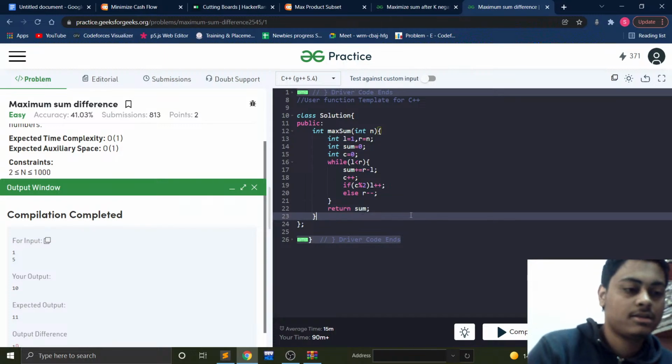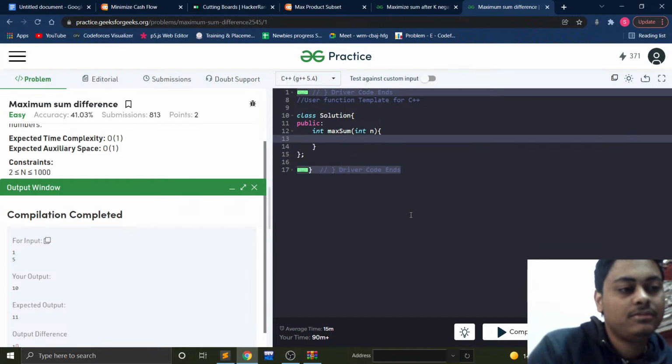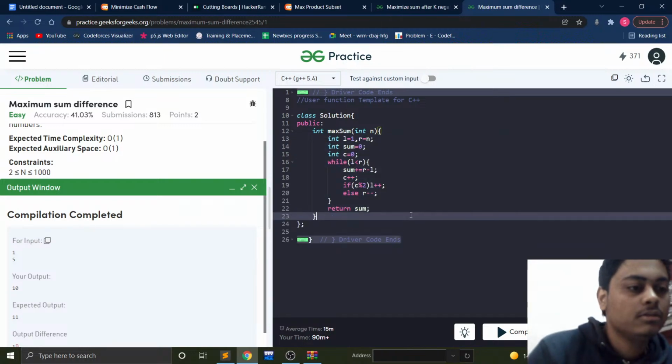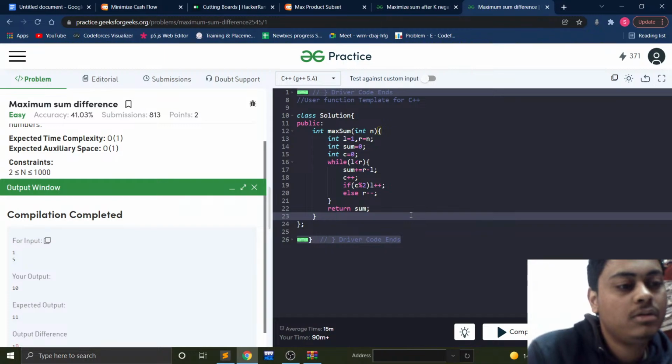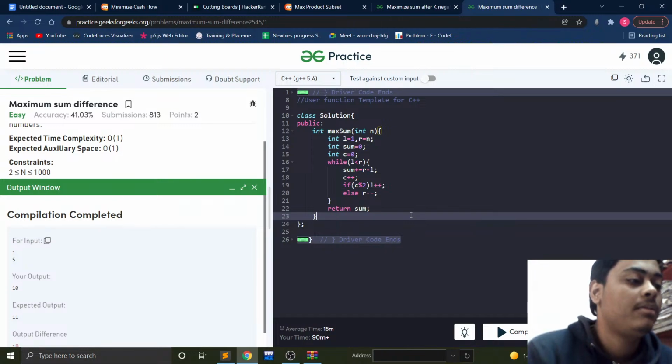Wow, it is just consecutive. But why is this not working? Sum is equal to r minus l. n minus 1, 4 then 3 then 2 then 1. Fine.